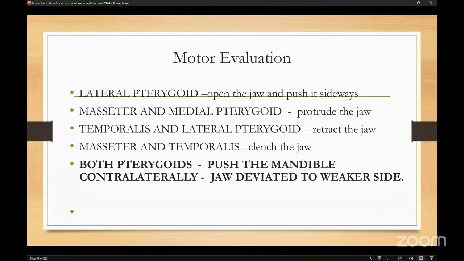Whereas in the 7th facial nerve, the face deviates to the normal side. And in the 10th cranial nerve also, the palate or uvula deviates to the normal side. Okay. So that is the rule of 17. 12 plus 5 is on the same side, that is the weaker side. And in 10 and 7, it is to the opposite side.